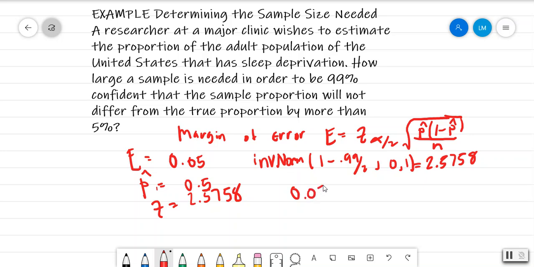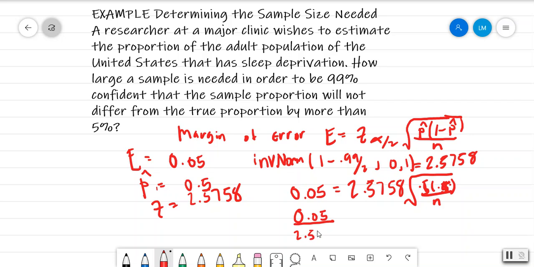We have 0.05 equals 2.5758 multiplied by the square root of 0.5 multiplied by 0.5 divided by n. Now we'll do 0.05 divided by 2.5758 equals the square root of 0.5 times 0.5, all divided by n.